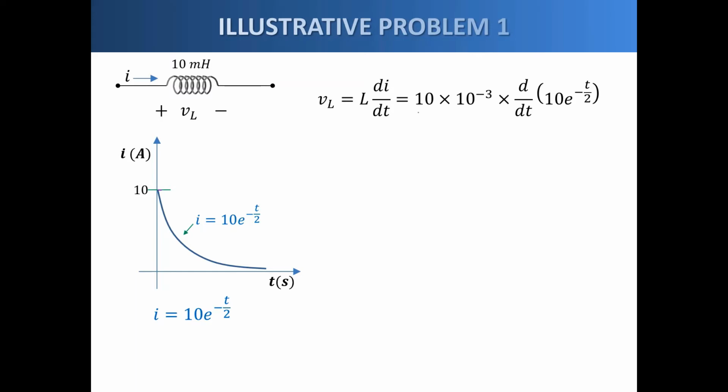So this is L, and this one is the derivative of the current. That will give us this answer. Take note the voltage is negative. That means that the current that enters the inductor is decreasing as shown by this curve.